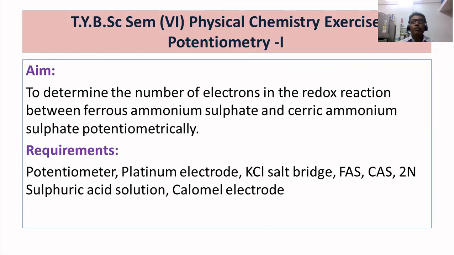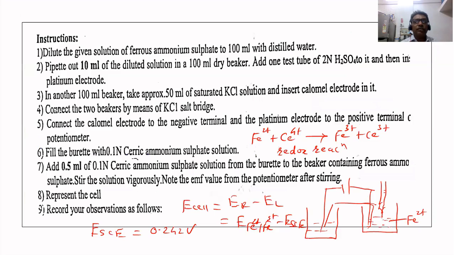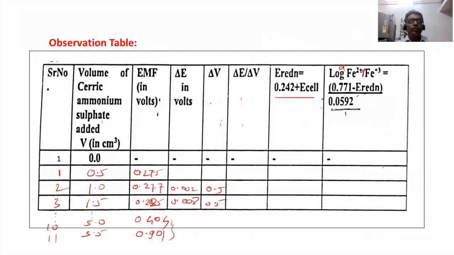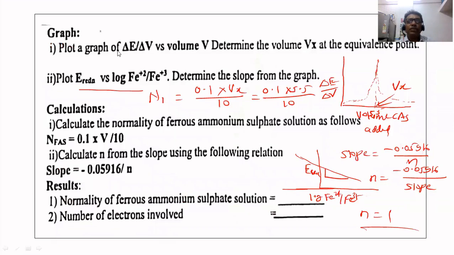By constructing the cell, we can measure the EMF and write the reading here. We have to take about 20 to 25 readings. Then calculate delta E; delta V should be the same for all, the difference between the volumes. Then delta E upon delta V, reduction potential, and this.